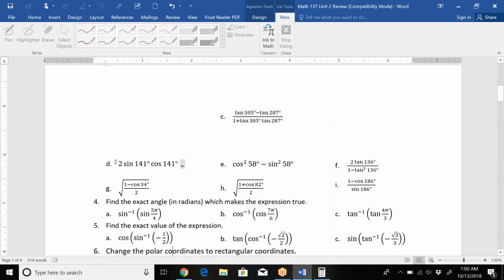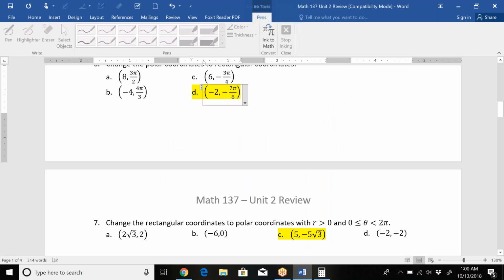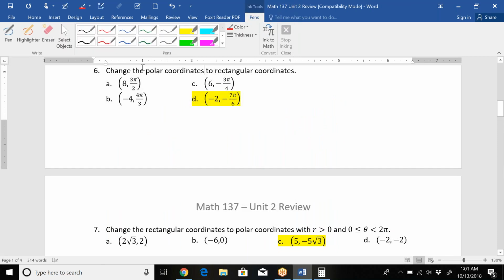Then on the non-calculator portion, we also did not get to much with polar coordinates and rectangular coordinates. This says change the polar coordinates to rectangular coordinates, and the rules for that are that x is r cosine theta and y is r sine theta.